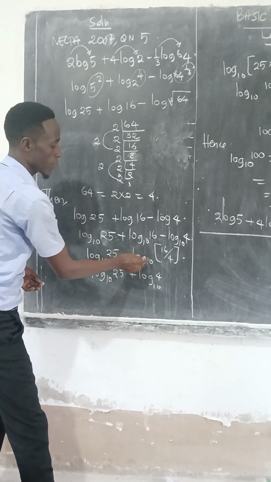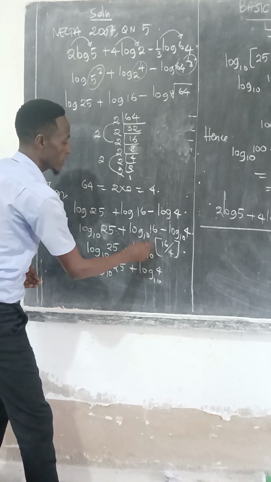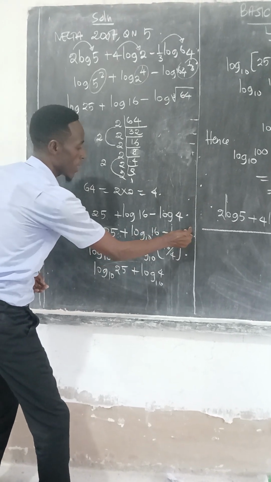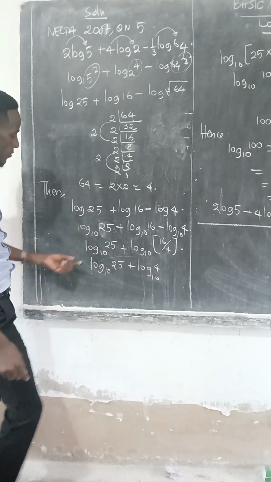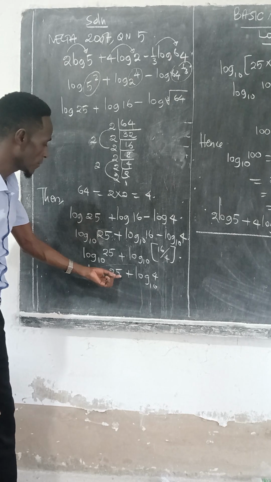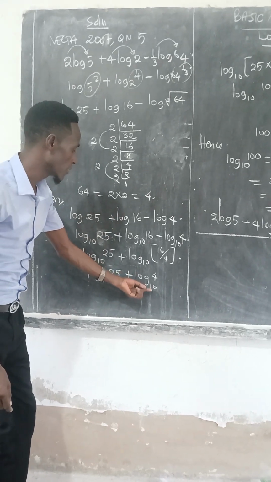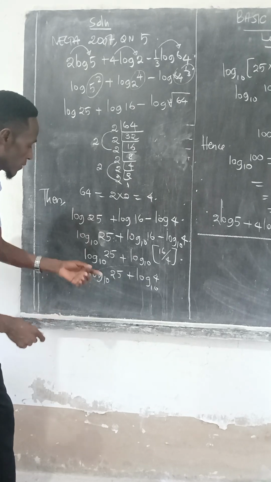Because they share the common base, you put base 10, then 16 divided by 4, you get 4. So you still have logarithm of 25 plus logarithm of 4 base 10.